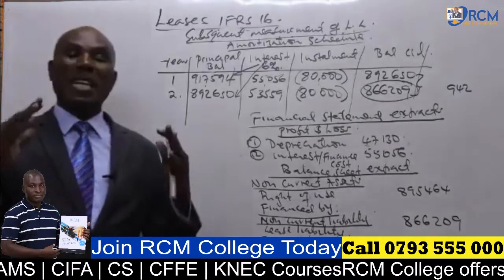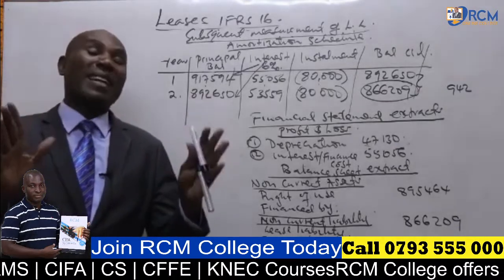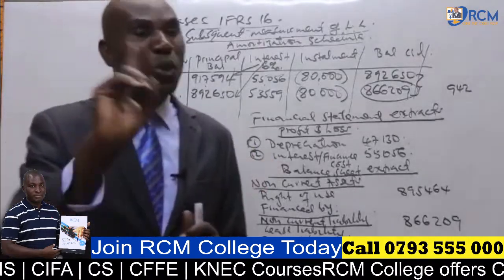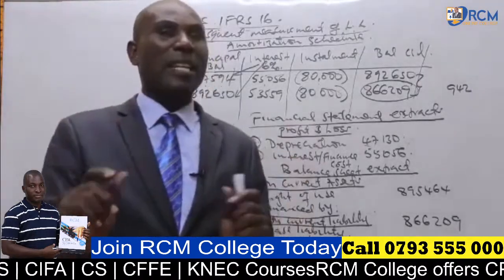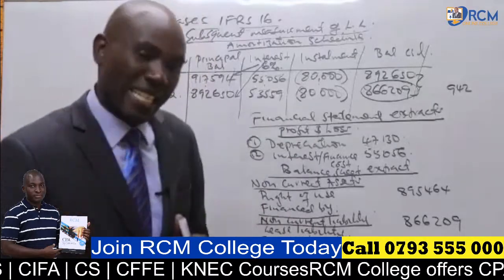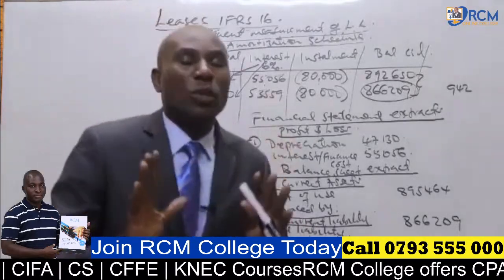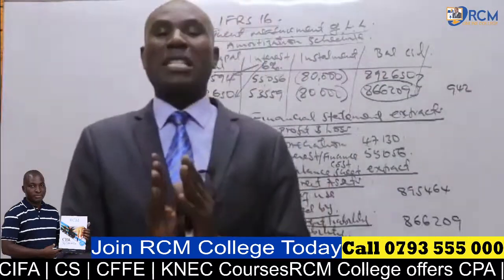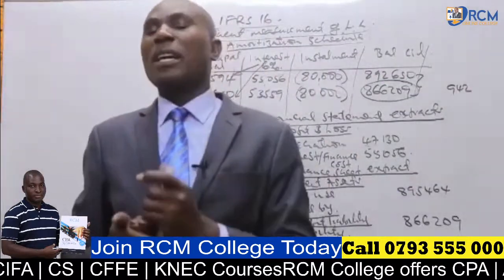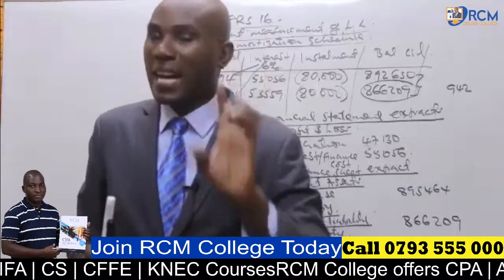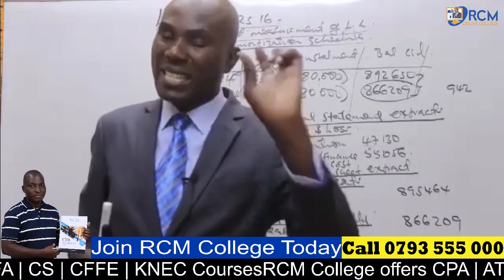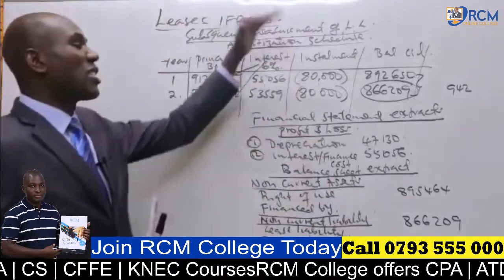That's according to IFRS 16. When we go to IFRS 9, you don't separate. But in IFRS 16, you separate between the current liability and the non-current liability. How do you separate? If payments are made in arrears, you prepare the schedule.